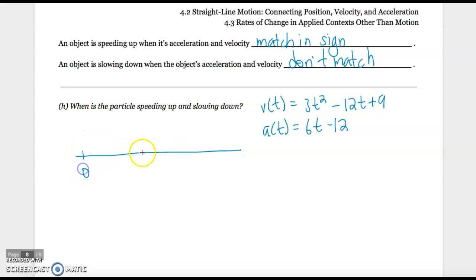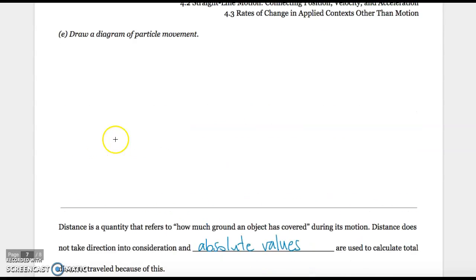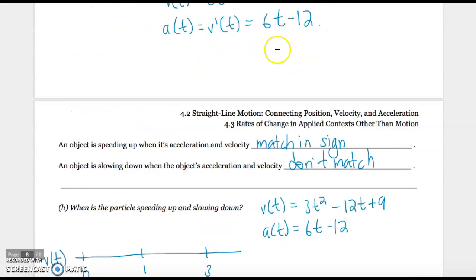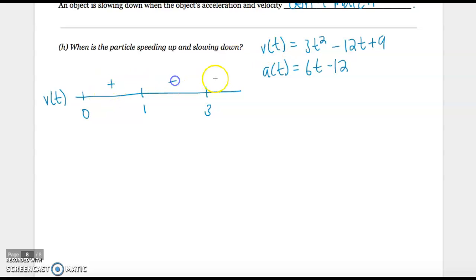We made a sign chart already for our velocity function. 0, 1, and 3 seconds was when our particle changed directions. Our velocity had been positive and then negative and then positive.